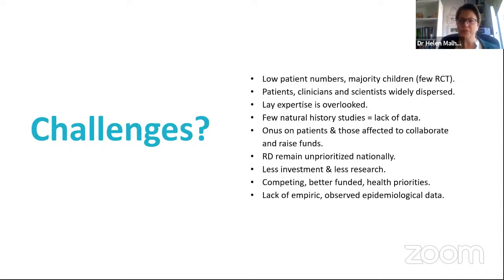There are very few natural history studies of rare diseases, and without this data, this evidence, it cannot inform the future development of diagnostics and therapeutics. The onus is very much on patients and those who are affected to collaborate together and to network.